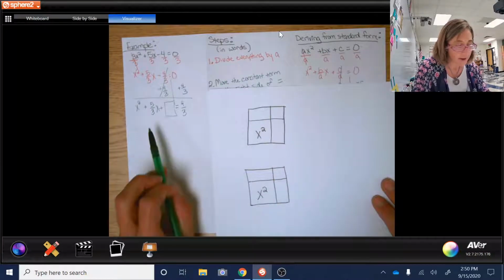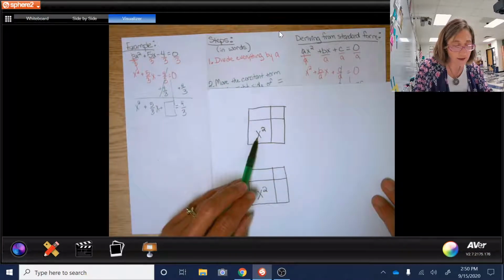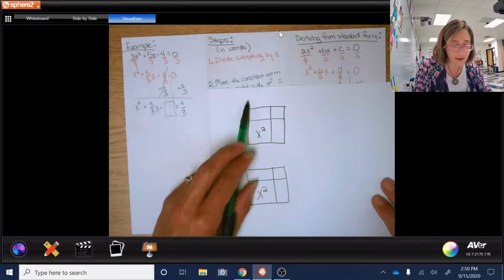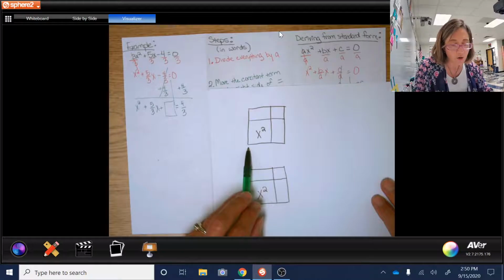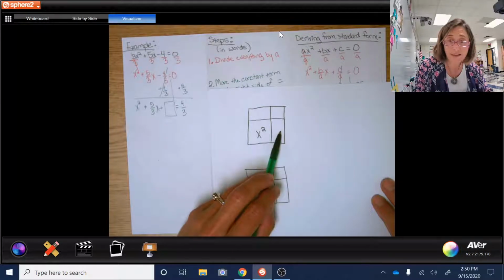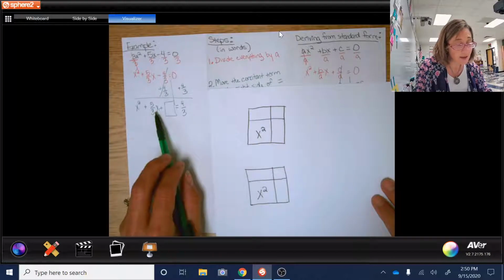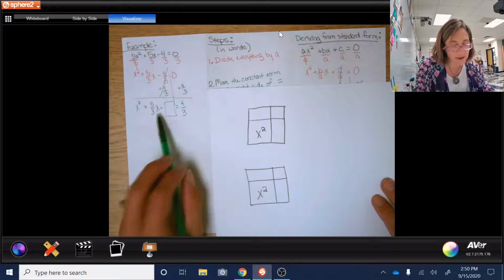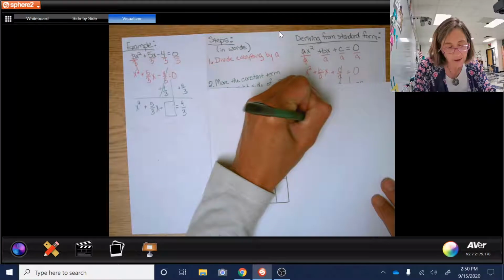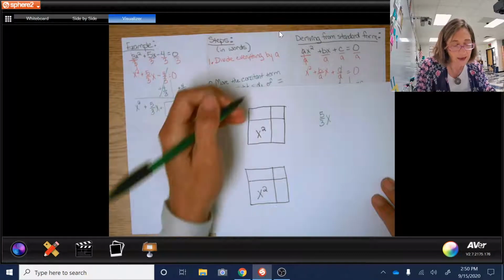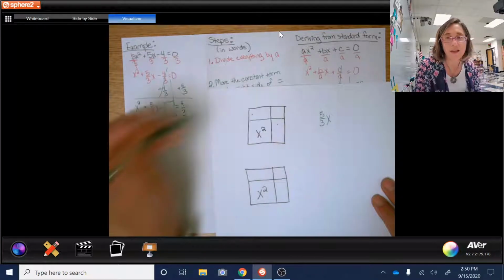I want to remind you about completing the square. Okay, so if I have an x squared, and I want to make this a square, not any old rectangle, I need to have matching lengths and widths. So that means I need the same amount of x's to be in these two boxes here. So in this problem, I have 5/3 x's. So 5/3 x's is how many I have to fill these two spots.